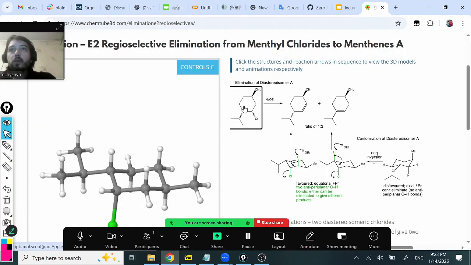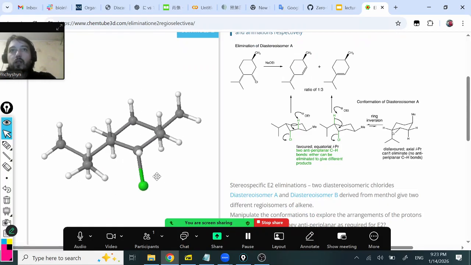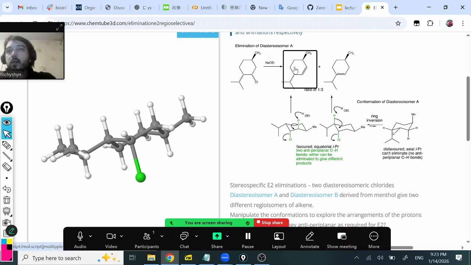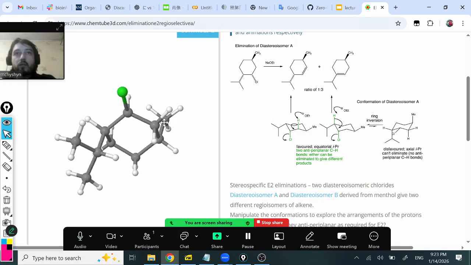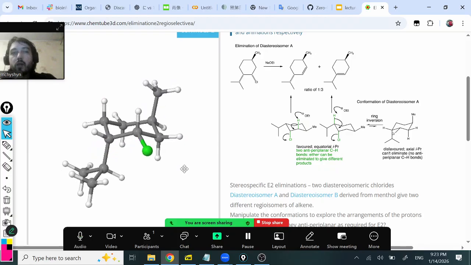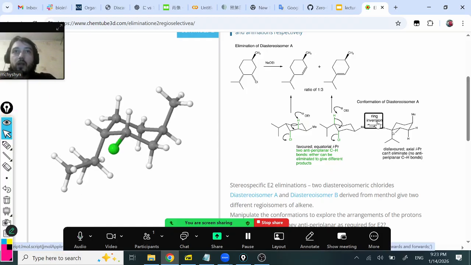So here's our molecule, and let me check what we have here. Here we have one conformation, but here chlorine is in the equatorial position, so you cannot perform elimination.